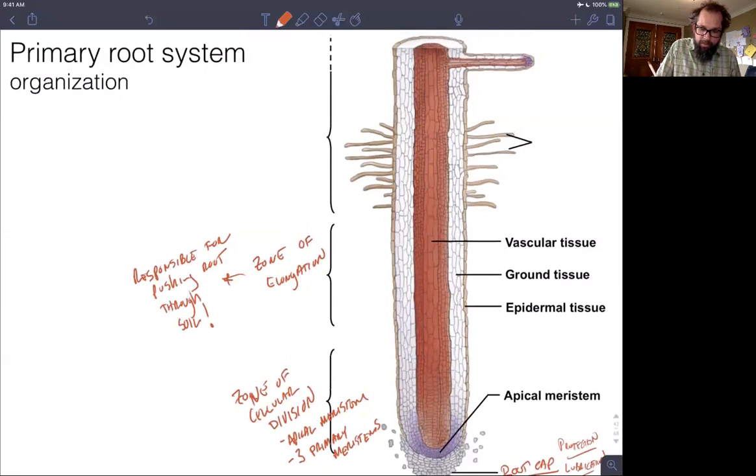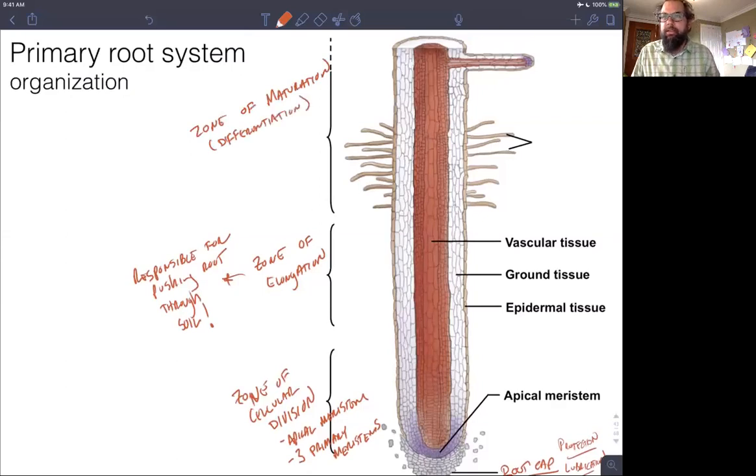The last zone is this upper region here, this is the zone of maturation. Sometimes you'll see this referred to as the zone of differentiation. And as you might expect, this is all the cells that are differentiating into the dermal tissue, the vascular tissue, the ground tissue.